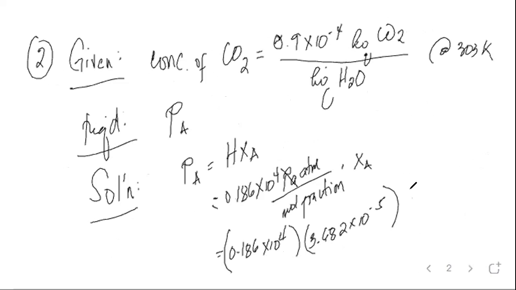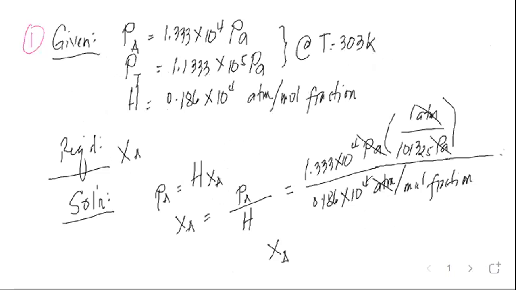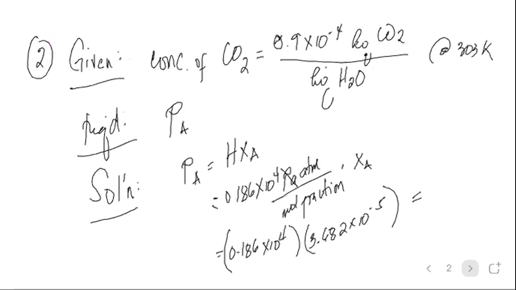This would be now the partial pressure in terms of the unit atmosphere, because our Henry's constant of 0.186 times 10 raised to 4 is in atmosphere per mole fraction. Okay? So you have 0.0685 ATM.